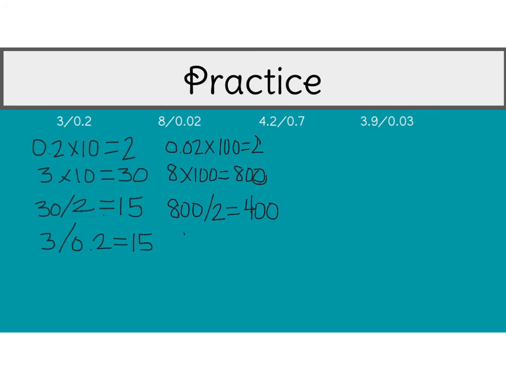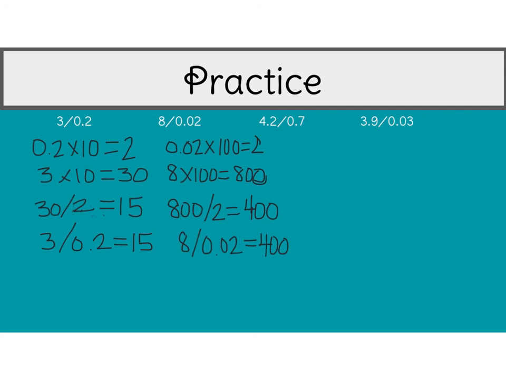So 8 divided by 0 and 2/100ths is equal to 400. So we created an equivalent problem here. We moved our decimal points, remember, by multiplying by 100. And then that made an equivalent problem, which gives us the same answer that we get in the actual problem.